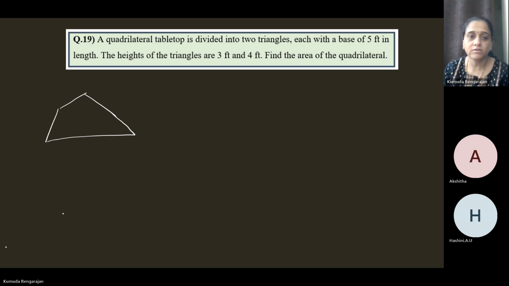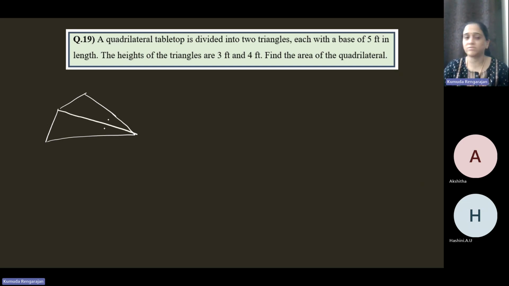A quadrilateral tabletop. Normally a tabletop is a rectangle or a square, but here the heights are different. The heights are 3 and 4 centimeters. So you should join one of the diagonals.